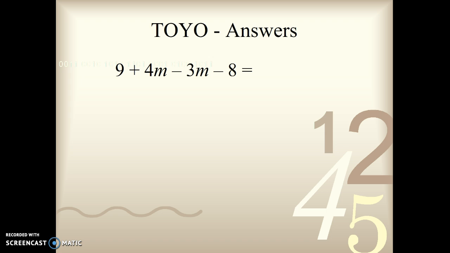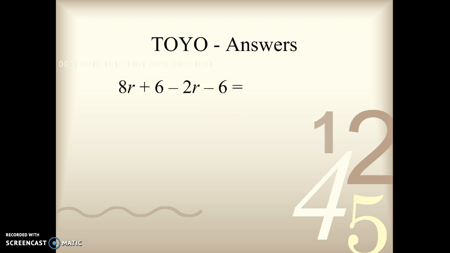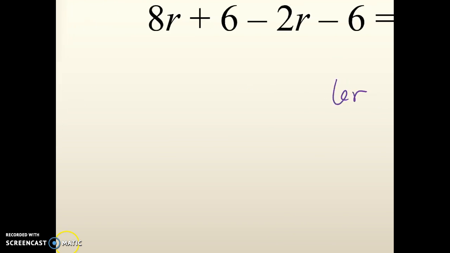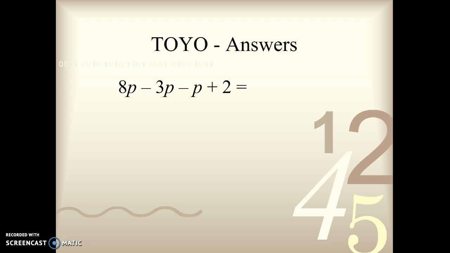On this one, you should have gotten 1 plus m. On this one, you will have gotten 6r. On this one, you should have gotten 4p plus 2.